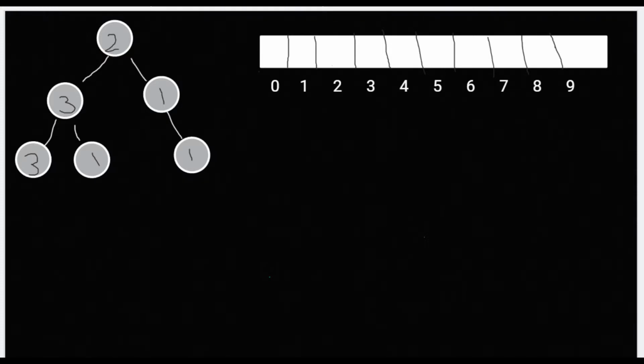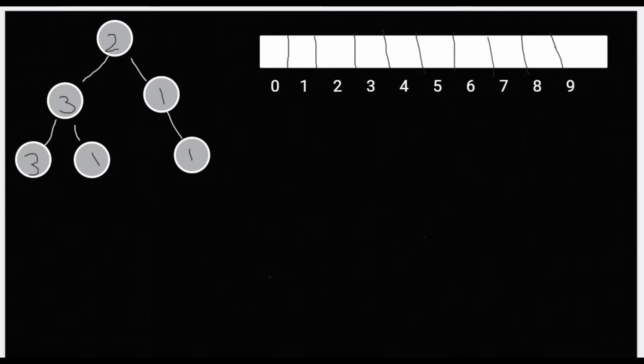So in this path, 2, 3, 1, I have 2, which is occurring once, I have 3, which is occurring once, and then I have 1, which again is occurring once. So I definitely don't want to count this path in my pseudo-palindromic paths because I have 3 different digits which are occurring an odd number of times. I hope you get the idea.